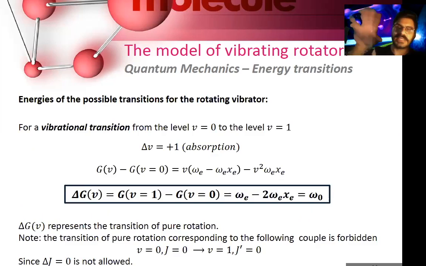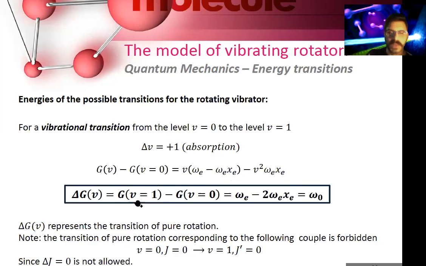Now, mathematically speaking, for vibrational transitions from the level v equals 0 to the level v equal 1, delta v in absorption is equal plus 1. So obviously, we calculate the difference in the spectral term, G, for the vibration part. So G(v) minus G(v equals 0) gives this relation.